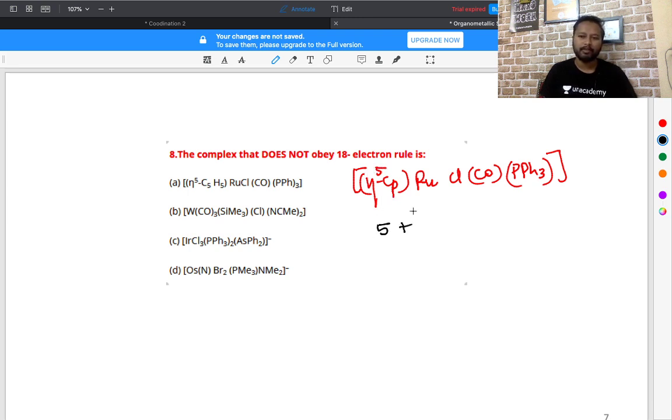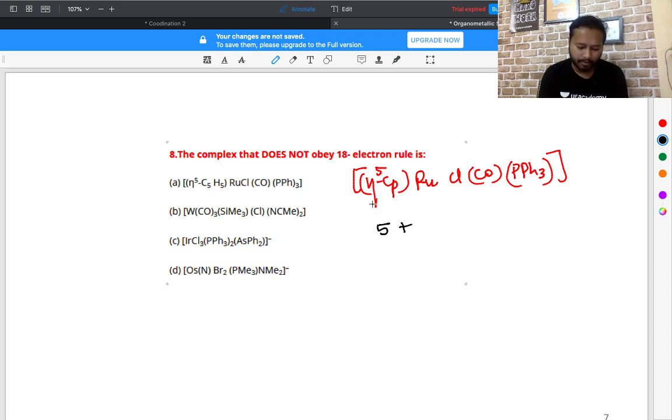Now ruthenium, which group does it lie in? You just have to look at the periodic table for this. You should know the periodic table, and which element lies in which group.